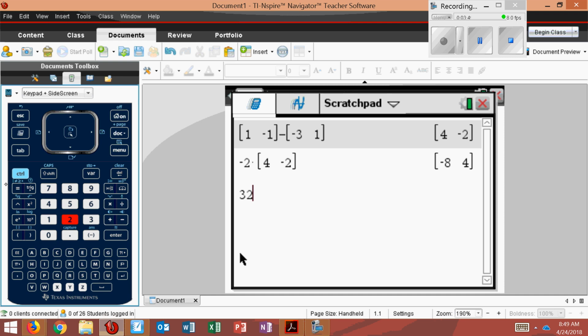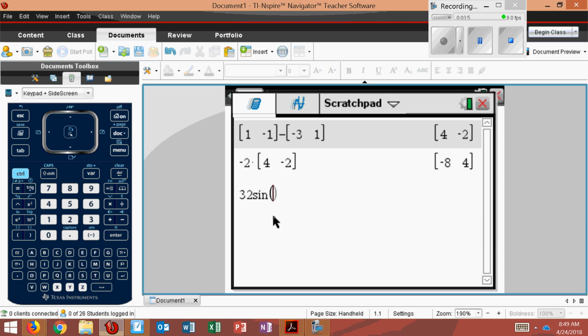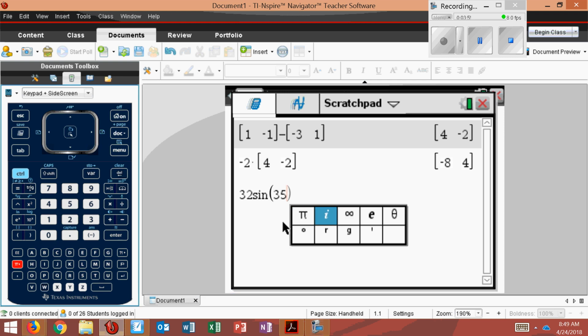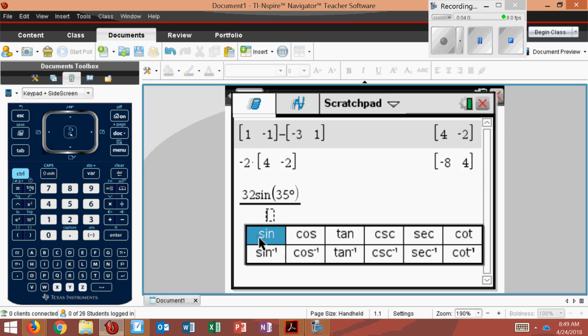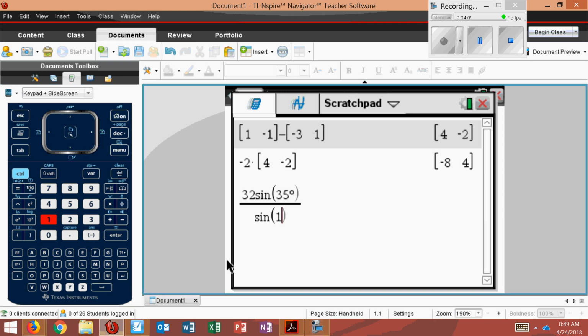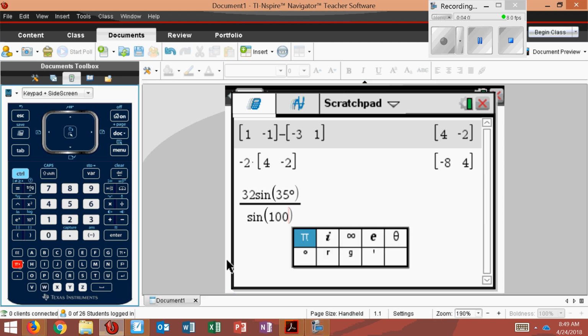So 32 sine of 35 degrees, and don't forget the degree button down here with pi. And then all this is going to be over sine of 100, and again, I'm going to put the degree symbol.